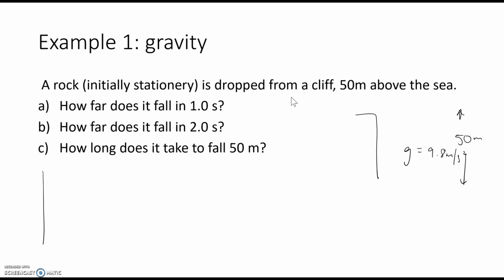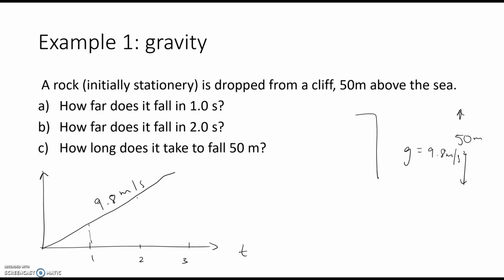We can draw a velocity time graph and mark off seconds. 1, 2, 3. And the slope of that line is going to be 9.8 metres per second, because for every second it's going to increase or decrease 9.8 metres per second.